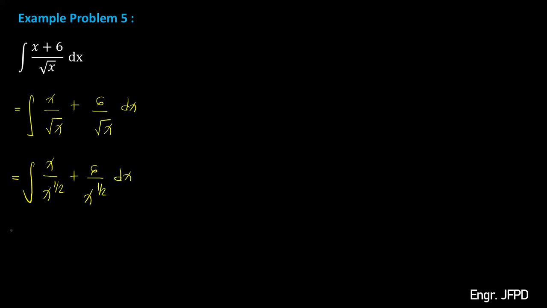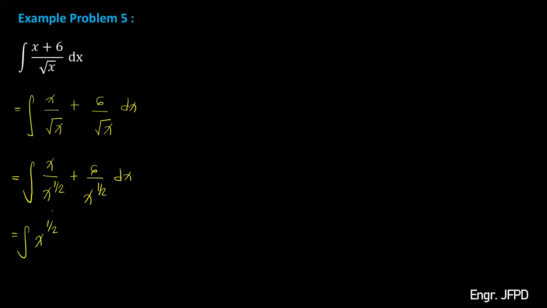Then let's try to simplify this equation further, wherein this will be the same as the integral of, for x divided by x raised to 1/2, applying the law of exponent, wherein if we divide having a common base, we will just simply subtract their exponents and copy the common base, 1 minus 1/2, and that is equal to 1 half.